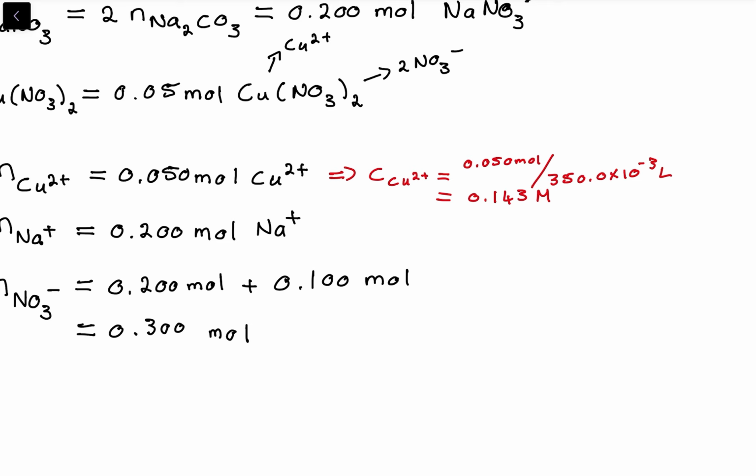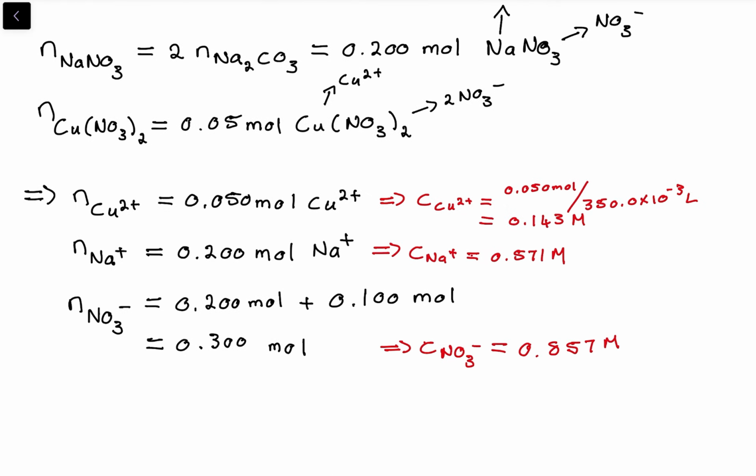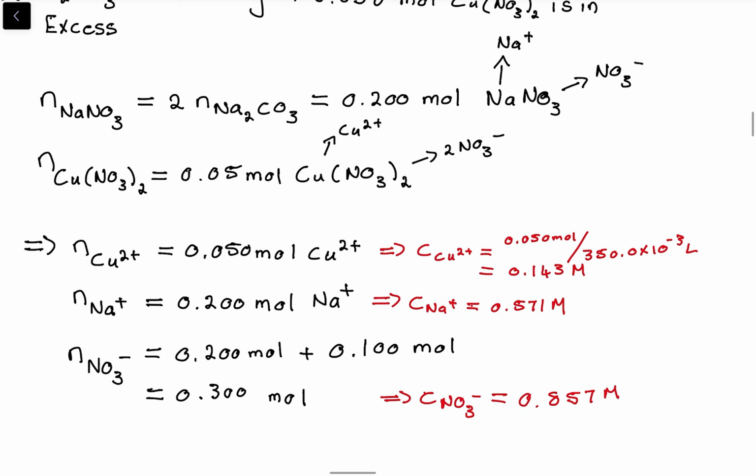So it's just the value here divided by that volume. So the concentration for the sodium is equal to 0.571 molar. And the concentration of the nitrate is equal to 0.857 molar.